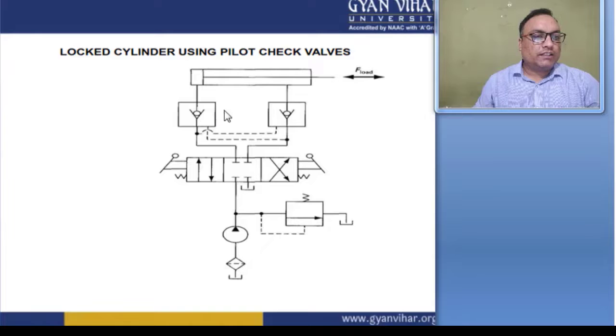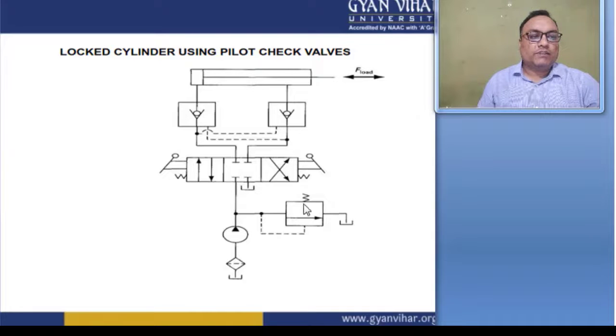First I will describe the circuit components. This is an actuating unit, these are the two check valves, and this is the directional control valve. This is the symbol of the reservoir.